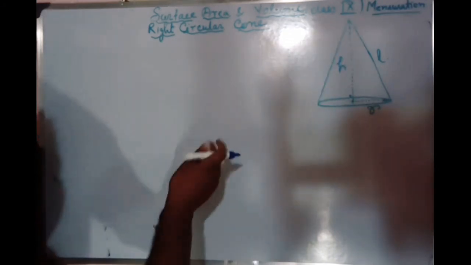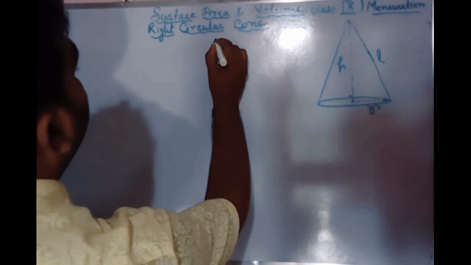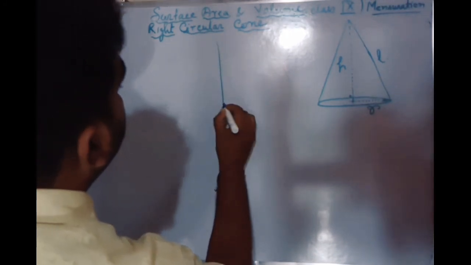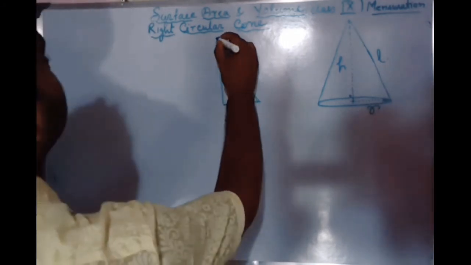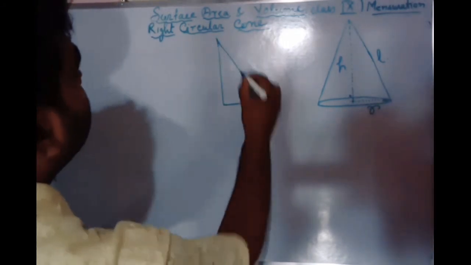If we take a right angle triangle, this is the right angle triangle, suppose. This is its height, this is the base, this is the perpendicular.